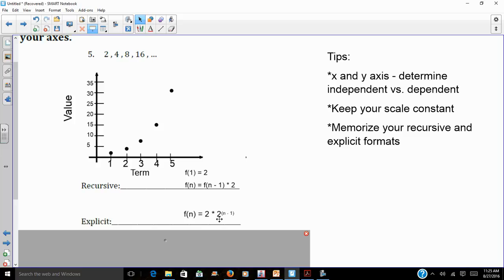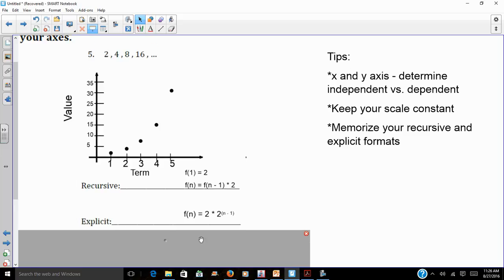And in order to tell us how many times to repeatedly multiply by 2, we use n minus 1 as an exponent. We are working on that in class. For now, we're just going to leave that as our label and continue to work with that in class in order to help us find, perhaps, the 20th term or the 50th term. We would use that to help us do that.